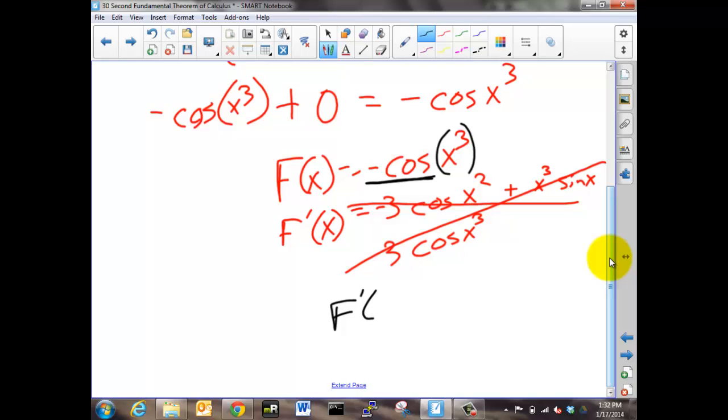Sine of the same thing times the derivative of that, 3x squared. Okay? Yep, you were thinking product rule. So now that is the derivative. Come on, y'all got to focus here, okay? You got to focus. That's the derivative.